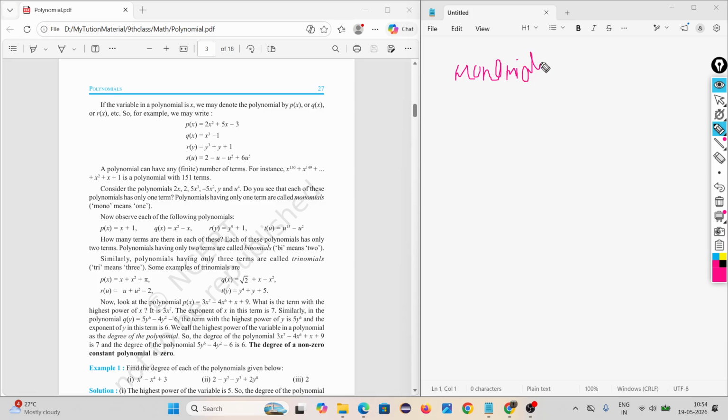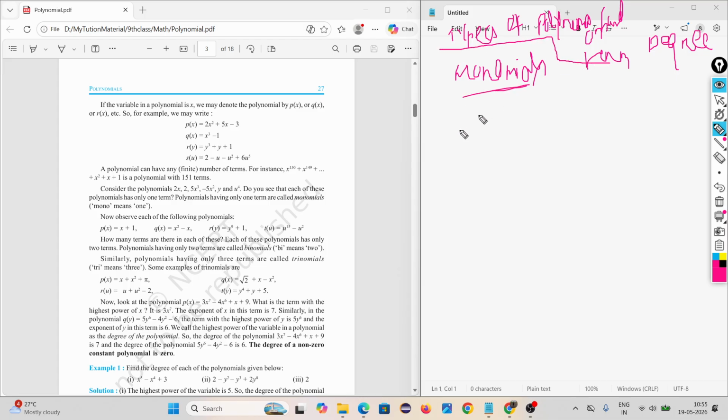Yes, sir. Look, a few seconds ago we learned the types of polynomial based on degree. Here we are learning the types of polynomial based on the number of terms. One term, monomial.